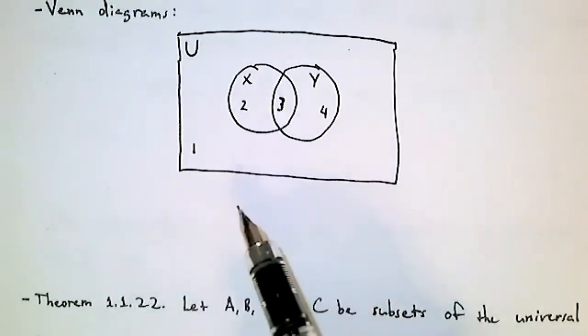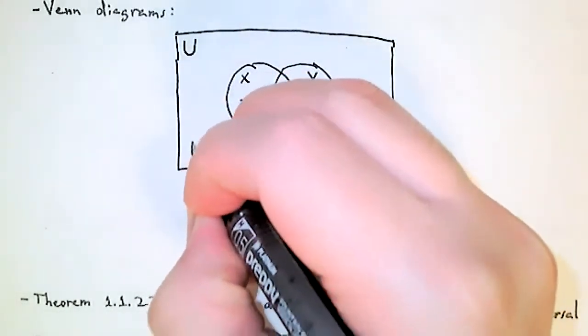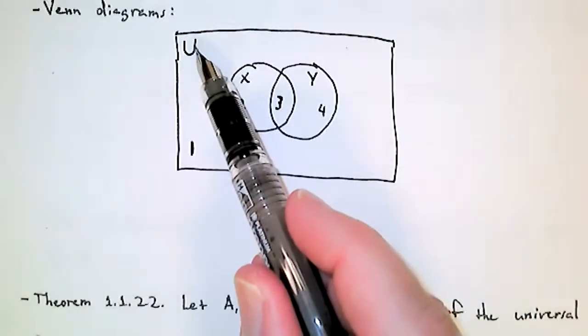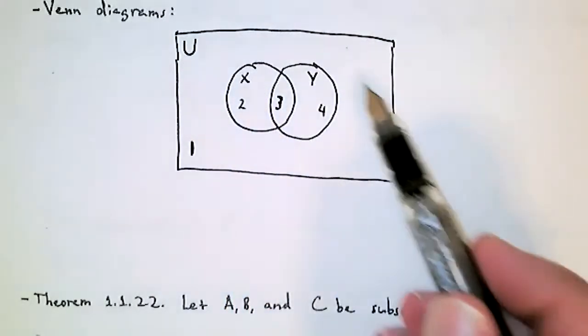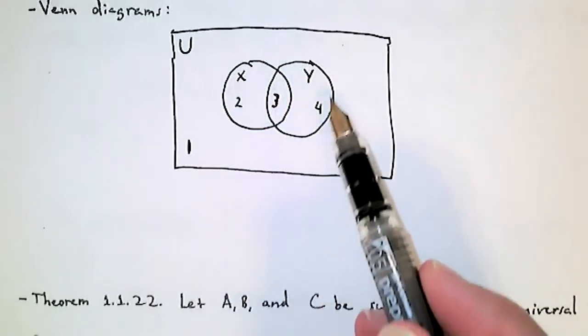So what is 1? First of all, looking at the picture, we can see that it's the elements that are in the universe, but they're not inside of either of these two sets.